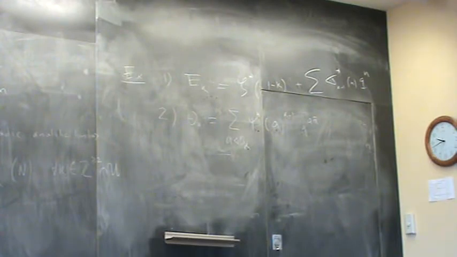So if F is weight 2 and P is a prime that divides N exactly, so this means that A_P is plus or minus 1, then a theorem, this is a particular case, asserts that there is a unique p-adic family which goes through F.